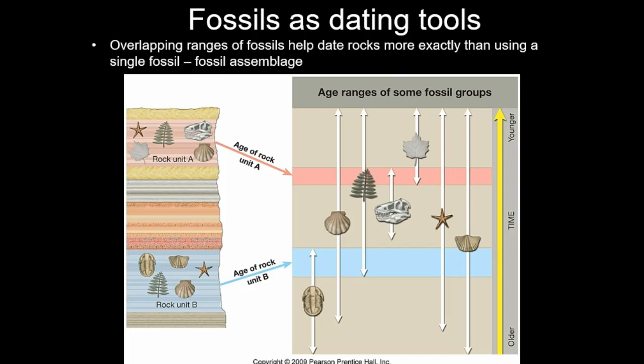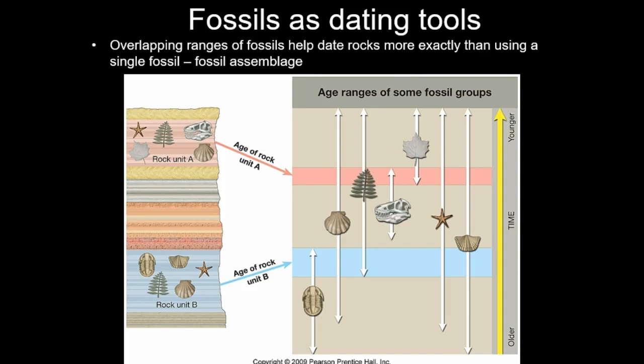If you know the span during which they were present in the world, and you can find an assemblage of these index fossils, then you will be able to find out the time during which they all lived at the same time, and hence narrow down the possibilities for a specific age.